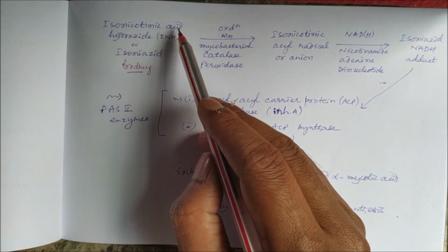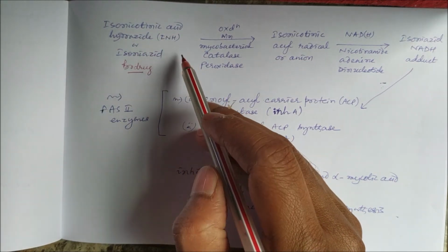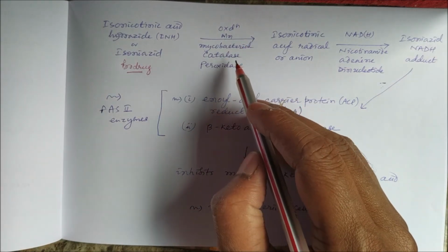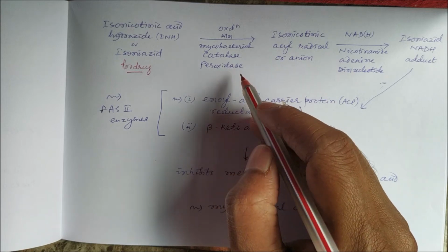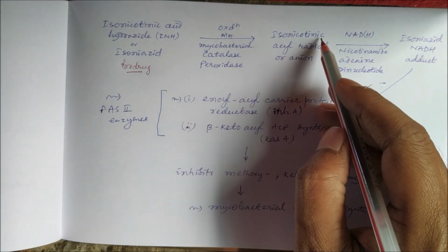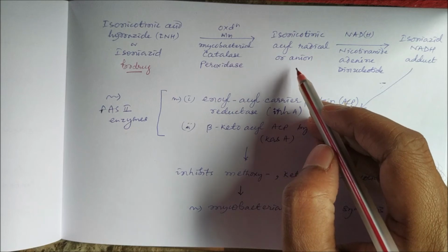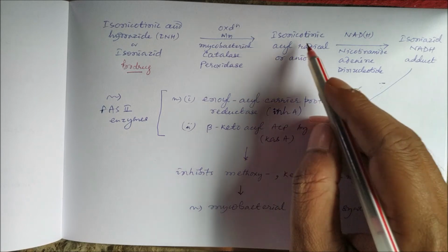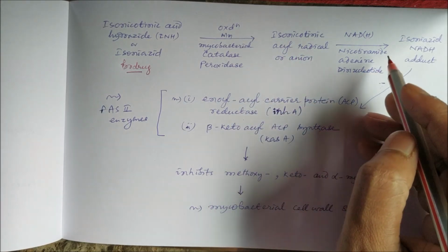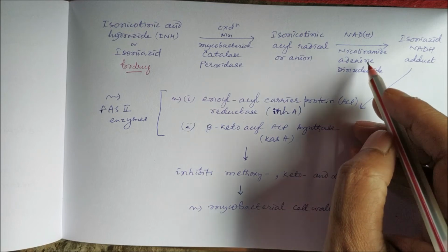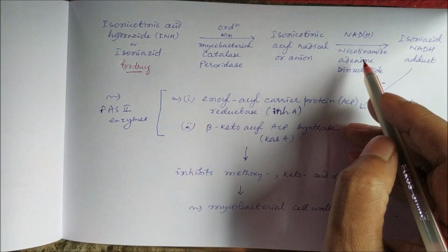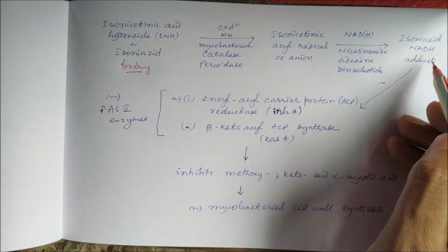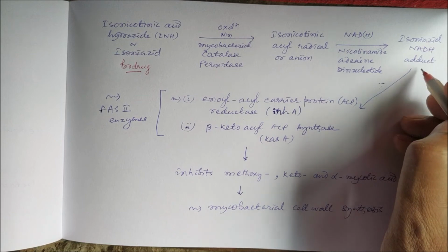First, isonicotinic acid hydrazide or isoniazid is oxidized in the presence of manganese and mycobacterial catalase peroxidase to an isonicotinic acyl radical, or we can say an anion is formed, and this anion with nicotinamide adenine dinucleotide, NADH, forms the adduct, the isoniazid NADH adduct, and this adduct is the active drug.